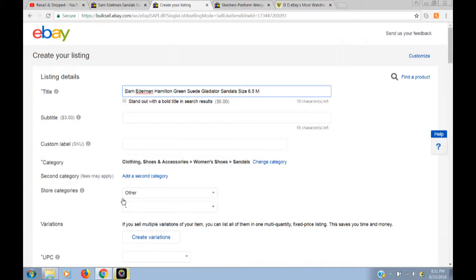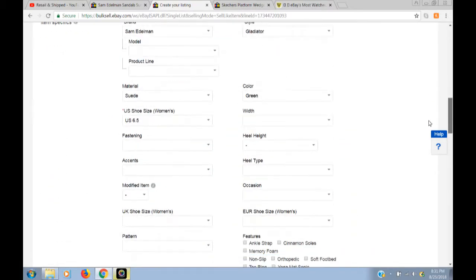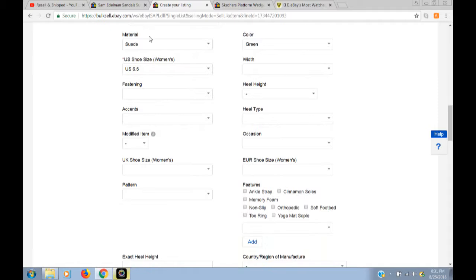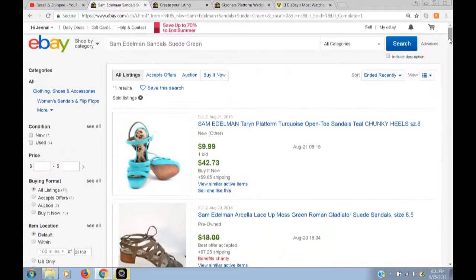Oh, they're a 9. It might make a difference if it's a 9. So I'm gonna say 24 to 30 on these. And the reason I say 24 to 30 is because they are 9, so it's a little bit more, but I still don't want to price too high because the rest of these.